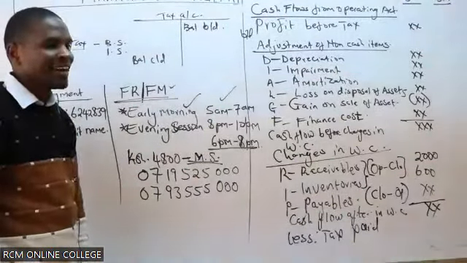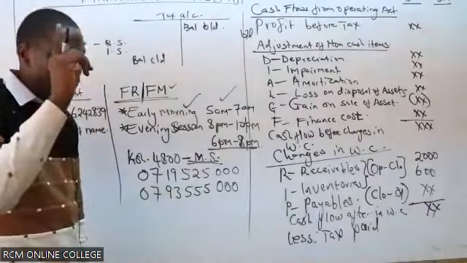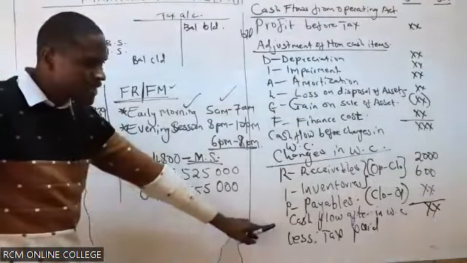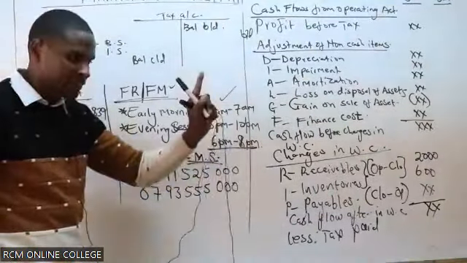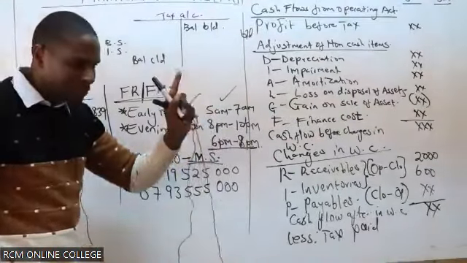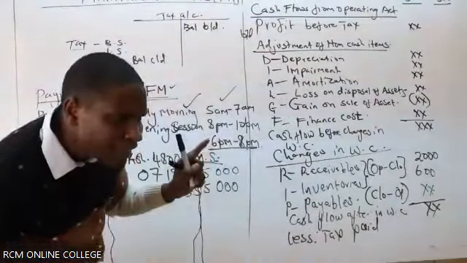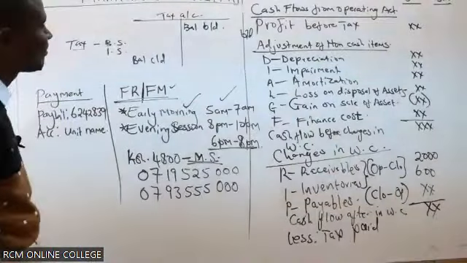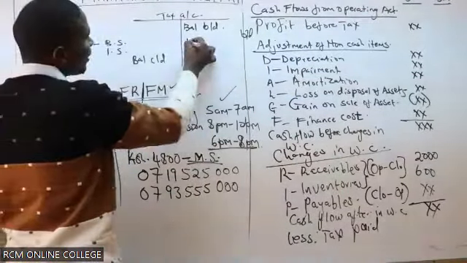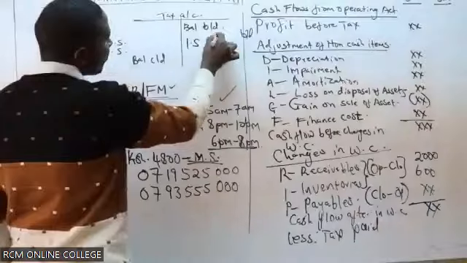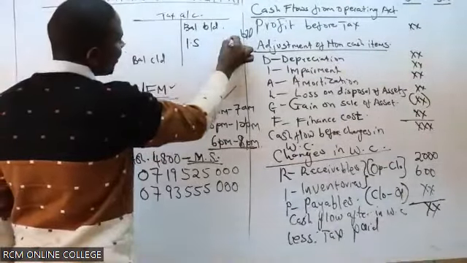Haya, kuna hiyo tax, tunataka to identify the actual tax paid hapa. Credit ama debit? Remember, hiyo yenye iko kwa income statement huwa inakuja hapa automatically.